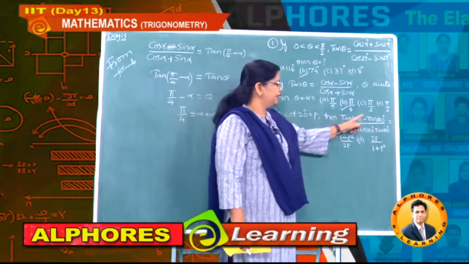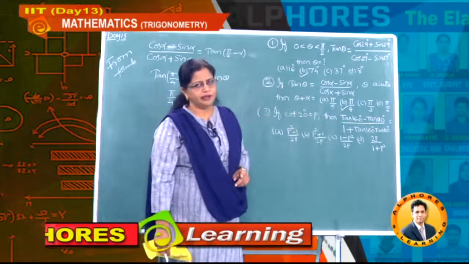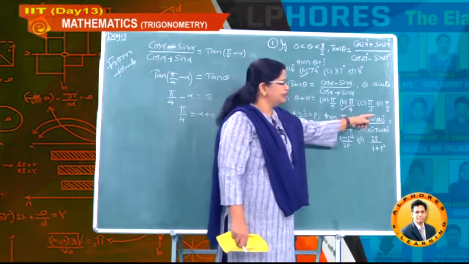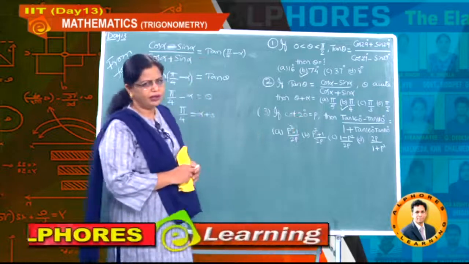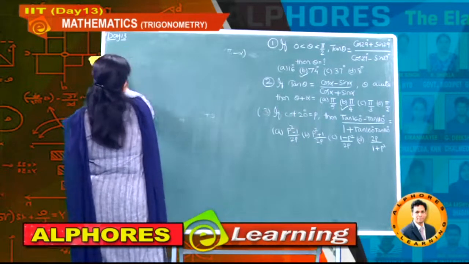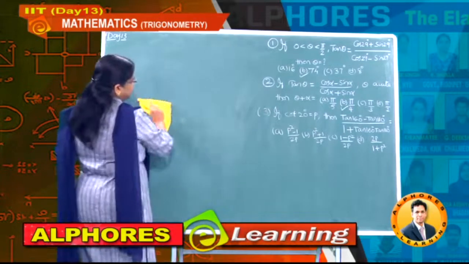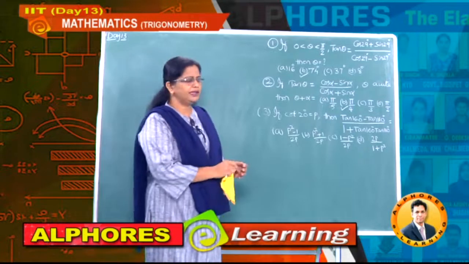So if I write tan of (A minus B), what is the value? Tan 50 degrees, since 160 minus 110 is 50. But here what is the value given? Cot 20. So students, whenever you observe any formula, there is no need to use it immediately.